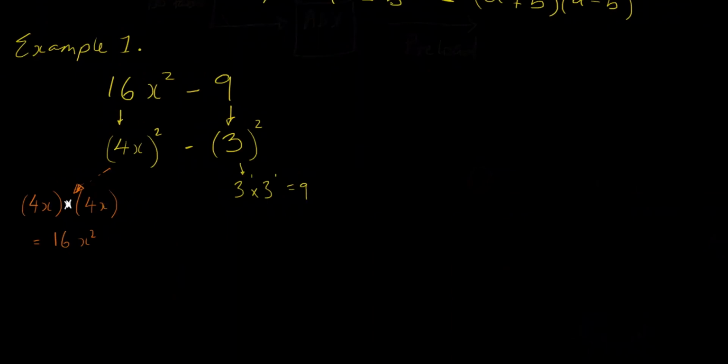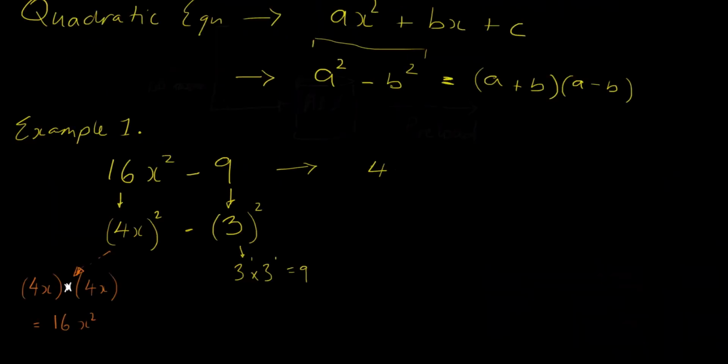Now, as I know this, I can express this very simply as what? 4 multiplied by 3? No. 4x squared minus 3? No, almost.